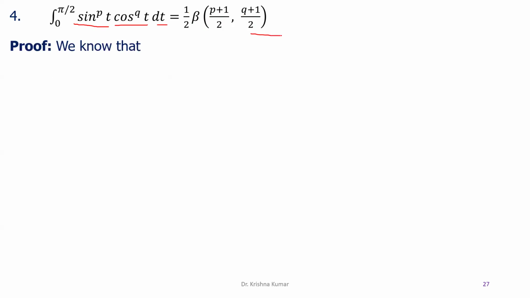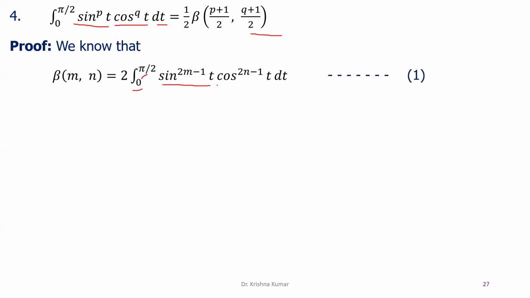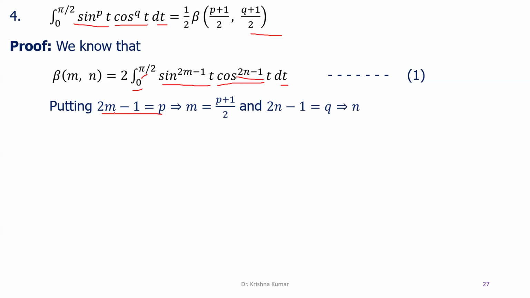So we know that beta of mn is equal to 2 times integration under the limit 0 to pi by 2 of sine to the power 2m minus 1 t cos to the power 2n minus 1 t dt. We have just proved this result in the last property number 3. Now here, if we put 2m minus 1 equal to p, then 2m is equal to 1 plus p, so m is equal to (p plus 1) by 2.